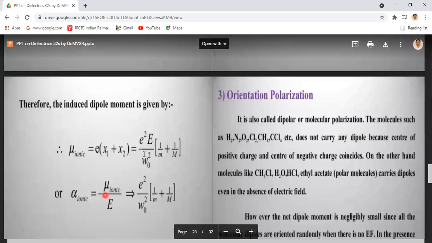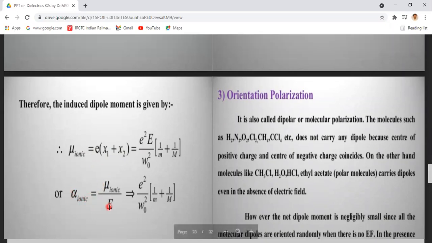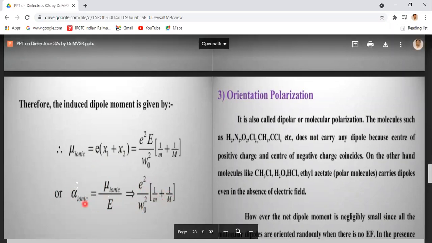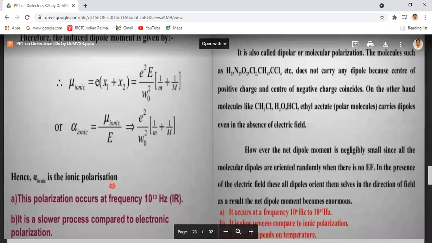From this equation we can write the ionic polarizability alpha I is equal to P I by E bar, but P I is nothing but mu I per unit volume. So mu I by E bar is equal to small e square by omega naught square into (1 by small m plus 1 by capital M). This is the expression for ionic polarizability.